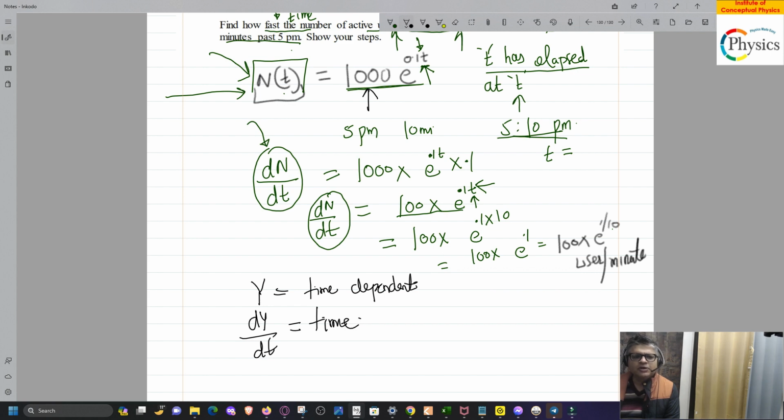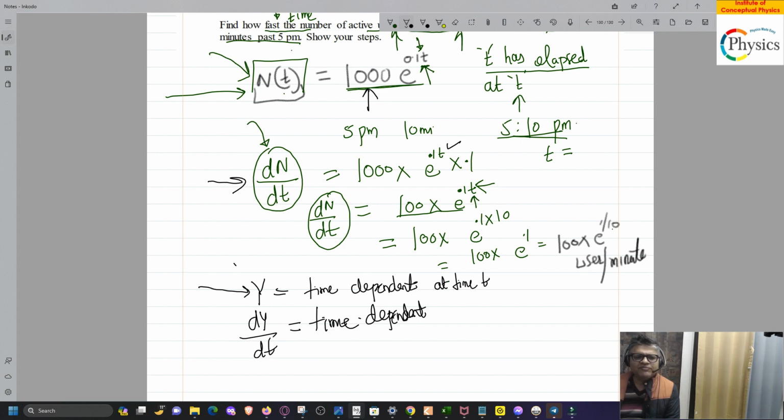When I took the derivative, I still had a t here, time dependent. Most of the questions, in fact the majority of the questions you get, the time dependency which is shown is clearly going to say at time t.